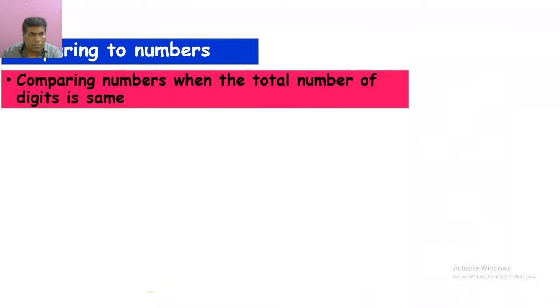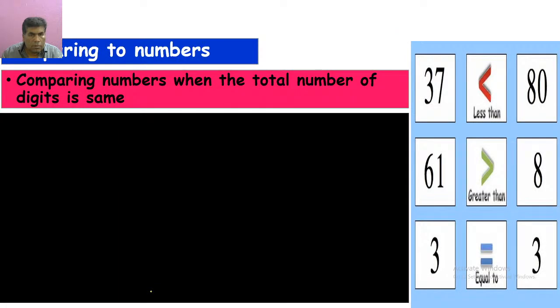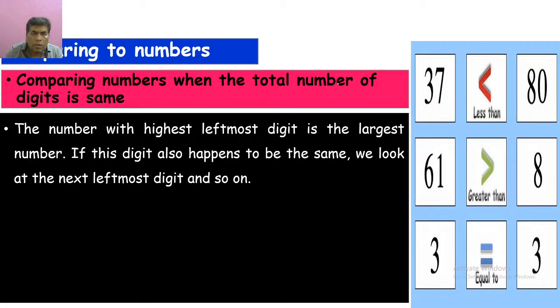So next, suppose the total number of digits is the same. Then what do we have to do? The number with the highest leftmost digit is the largest number.